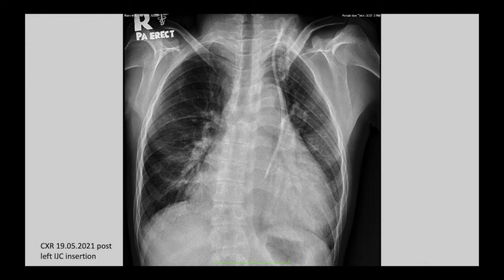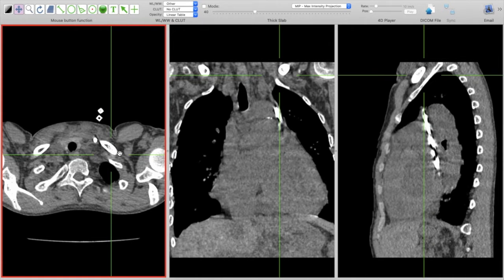Subsequently, CT thorax was requested to rule out left atrial puncture or puncture of an aberrant vessel. A CT was done for the patient.